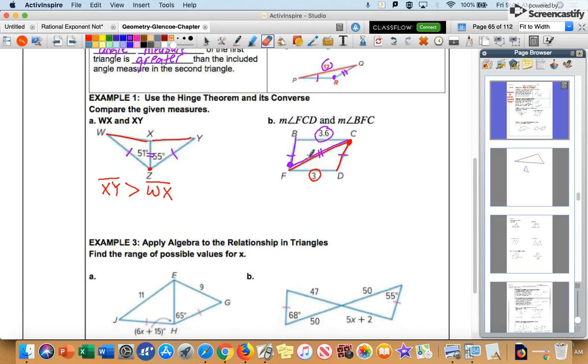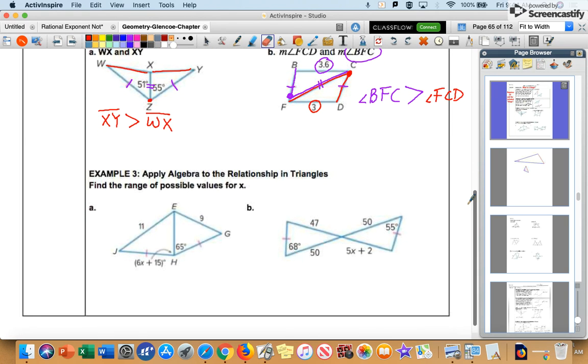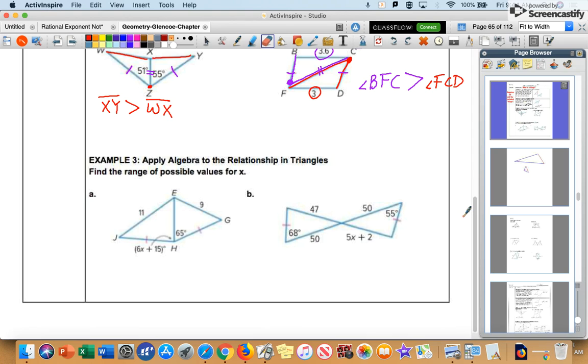Since 3.6 is greater than 3, we can say that this angle here, angle BFC, has to be greater than our angle over here, which is our FCD, by the converse of the hinge theorem in that situation.